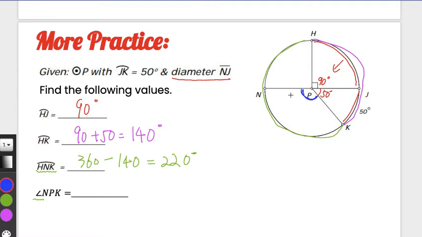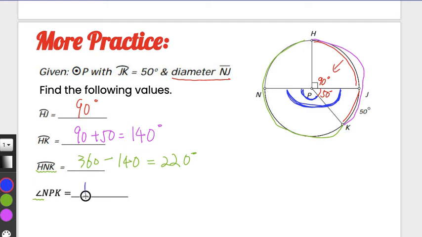One way, as I mentioned, is that NJ is a diameter. So I know the whole semicircle here is 180 degrees. Since the pieces are next to each other, if I take away 50 from the whole 180 degrees, we'll figure out this piece of the angle.